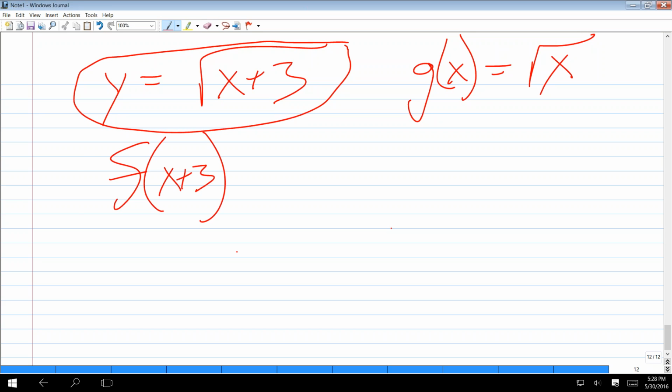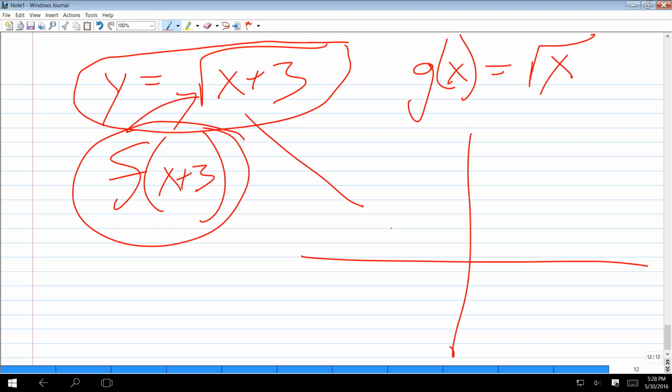In other words, this would represent the square root function horizontally shifted 3 units to the left. So if I wanted to graph that, or identify a graph, I know it's my square root function shifted 3 units to the left. Nothing else is happening to it. It looks exactly as it did, only it's shifted 3 units to the left.